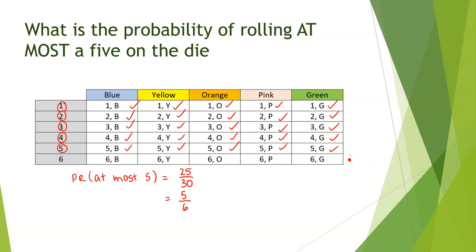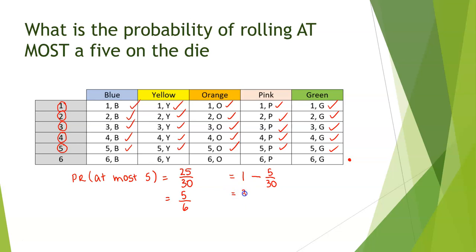So if I now say that this probability is also equal to 1 minus 5 out of 30, because I have 5 outcomes there where the outcomes are not at most 5. They're greater than 5.